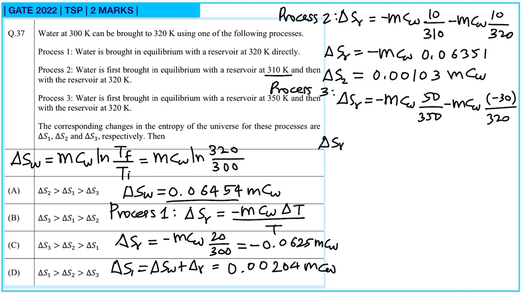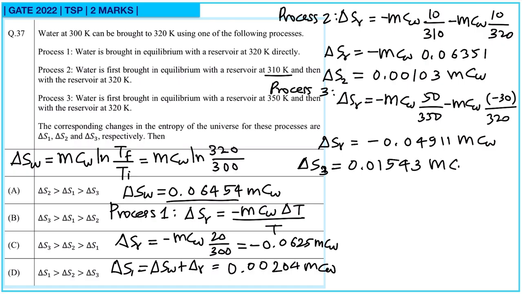So delta Sr is equal to m Cw into minus 50 by 350 plus 30 by 320, and that is minus 0.04911 m into Cw. So delta S3 is again Sw plus delta Sr, which is equal to 0.01543 m into Cw.